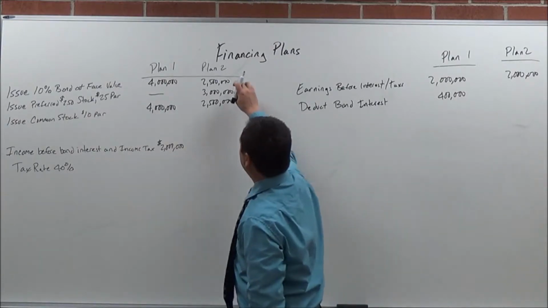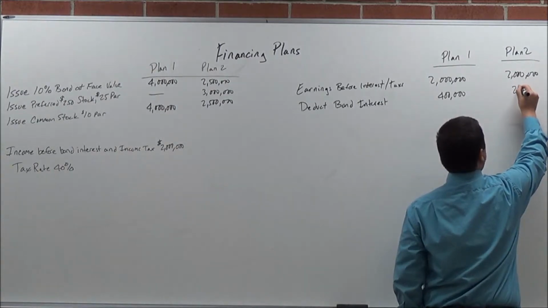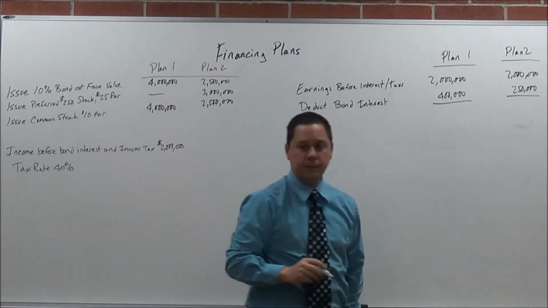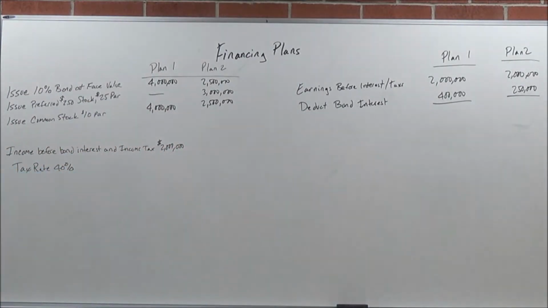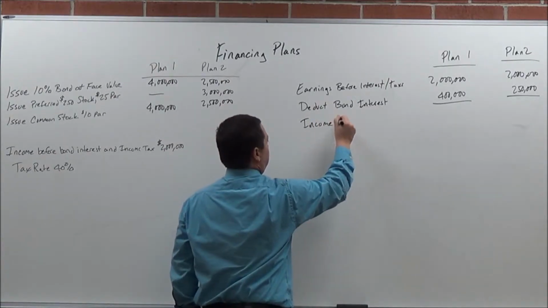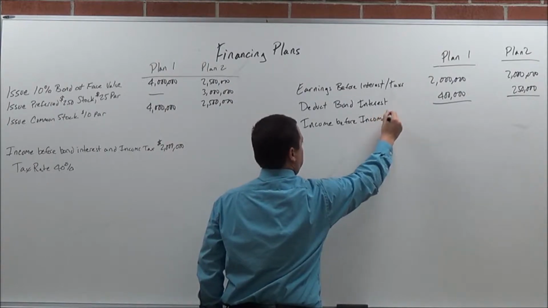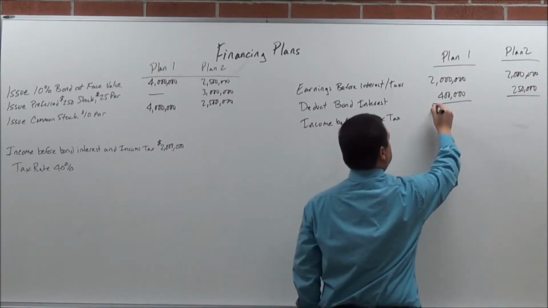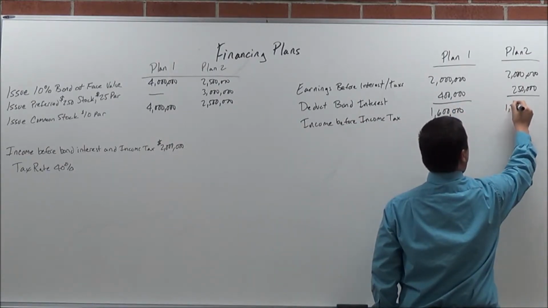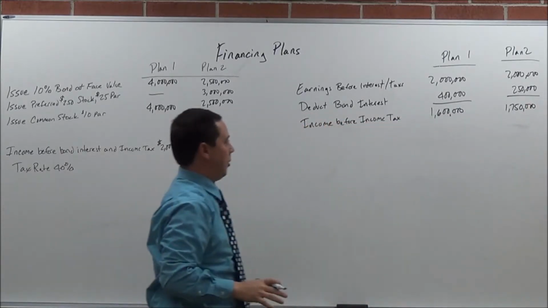Then I will do the same thing here: 10% of this will give me 250,000. And that will give me the income before income tax: 1.6 million here, and then 1.75 million here. So as you can see, there is a difference there already.